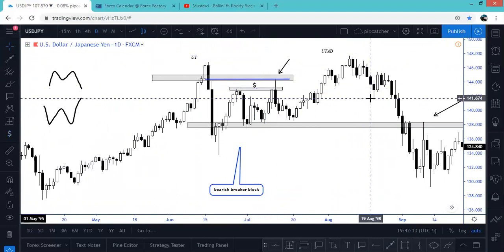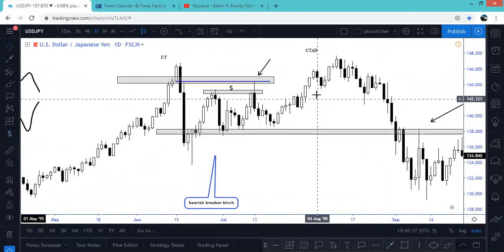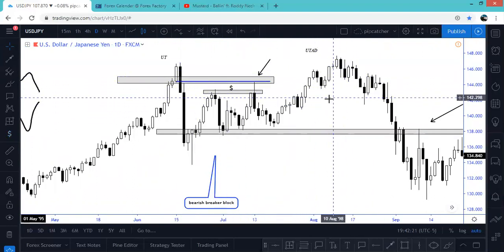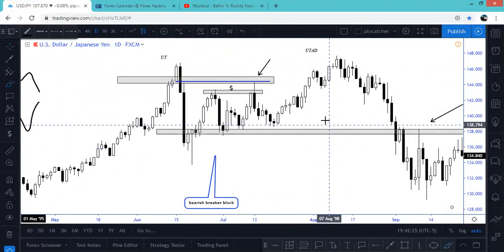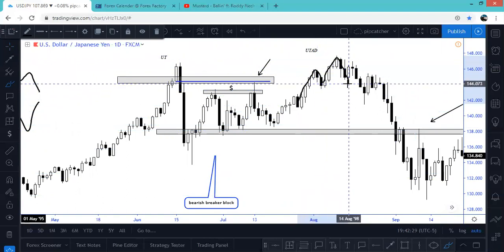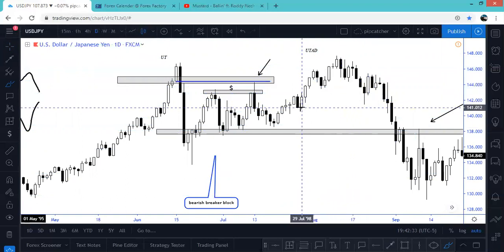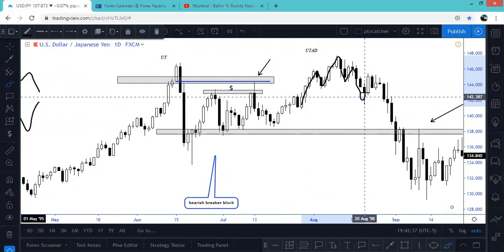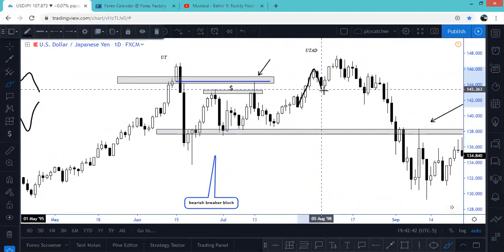Now, when we see this, we're getting to a point in the market where you can start to see on larger time frames that market structure is being printed out. Your basic patterns are being printed out as time moves on.